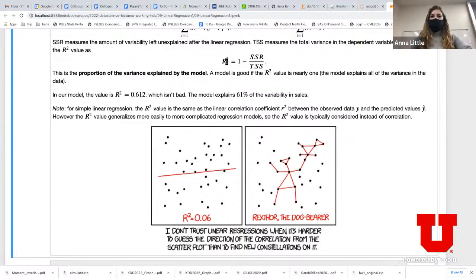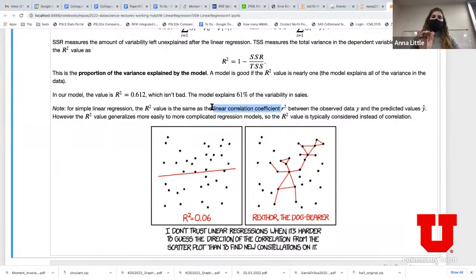Basically, what we're computing here by this proportion of the variance is the square of the linear correlation, the little r² that we talked about before. If we just computed the linear correlation between y and y hat, between the observed response and the predictions, that would be the r².